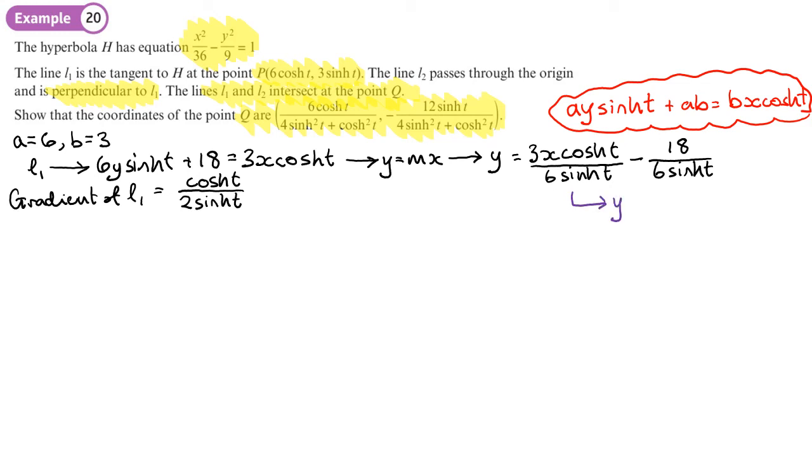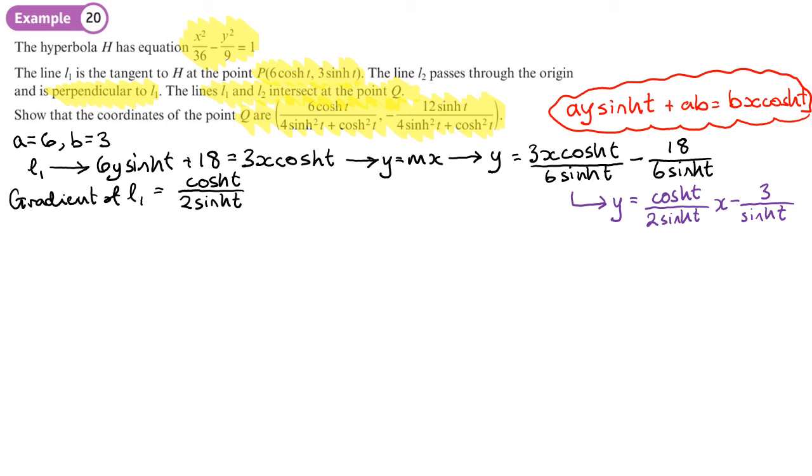As I said, I'll tidy this up a bit. So we'll get y equals cosh t over 2 sinh t x minus 3 over sinh t. Okay, and we'll probably need that a little bit later.